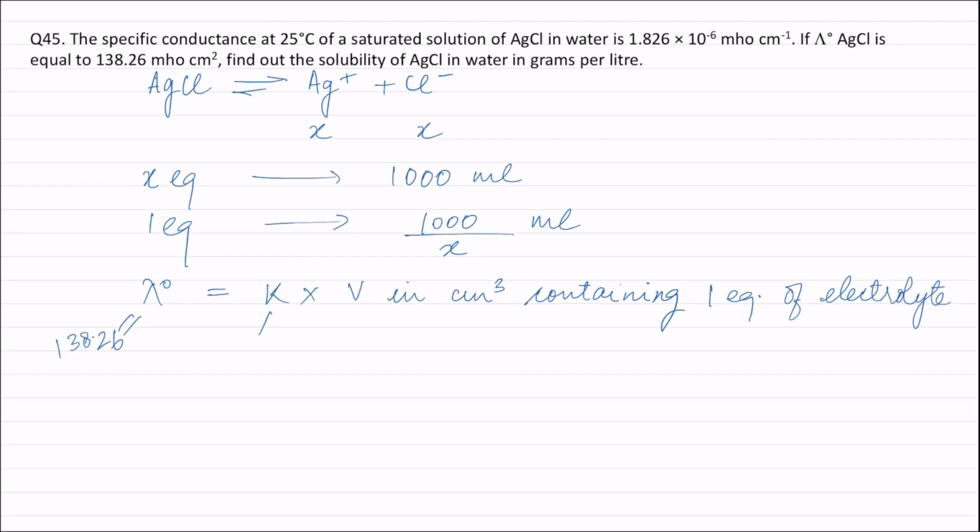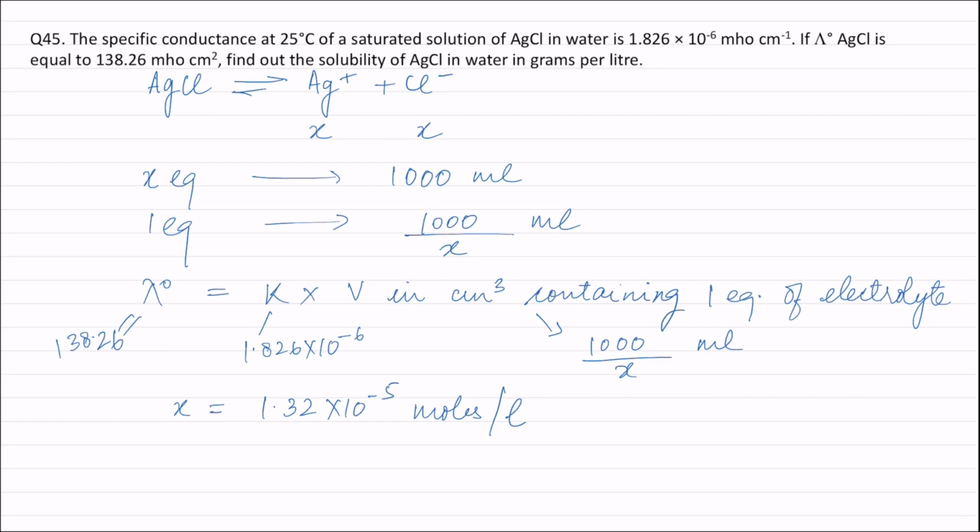Specific conductance value is given as 1.826 into 10 to the power minus 6, and this volume is equal to 1000 by x milliliter, where x is the solubility in moles per liter. Solving this, the value of x is equal to 1.32 into 10 to the power minus 5 moles per liter.